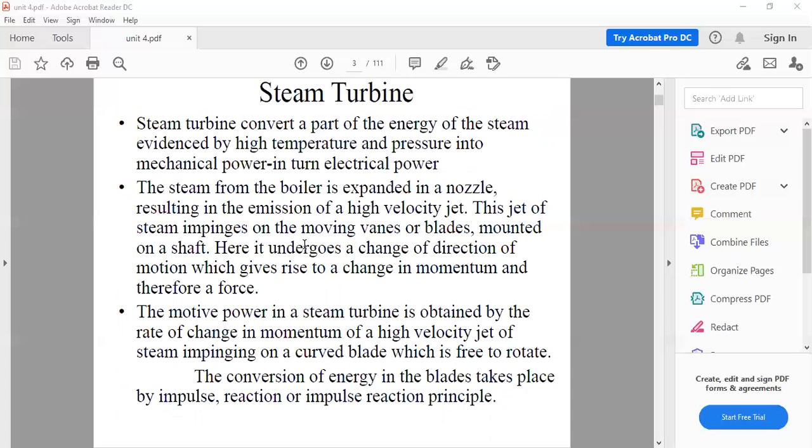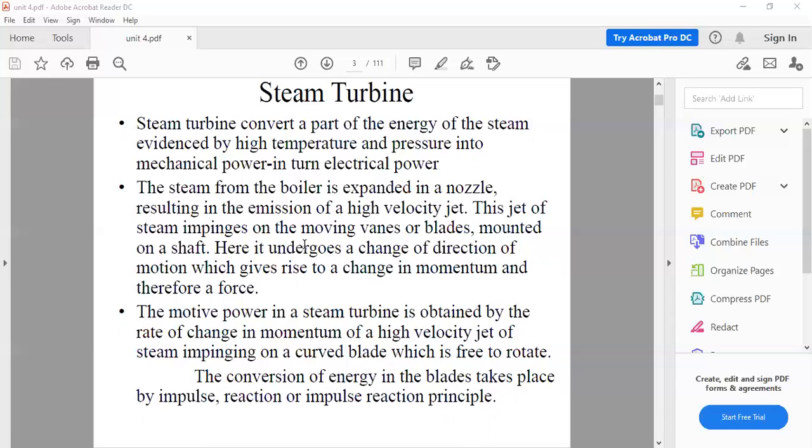Simply, it converts steam energy, in the form of temperature and pressure, into rotary or mechanical energy, and from this we produce electricity. This is how a steam turbine works.